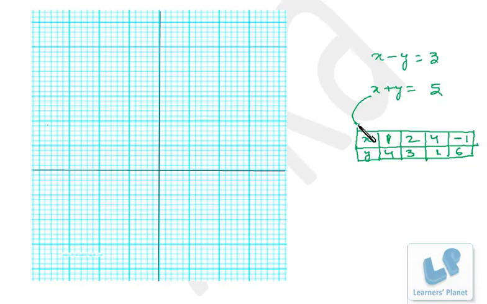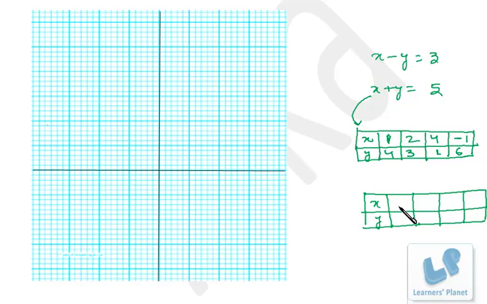So this is for this. Now similarly for x minus y is equal to 3, we get the same. So it's x, it's y. When x is equal to 1, y is equal to minus 2.